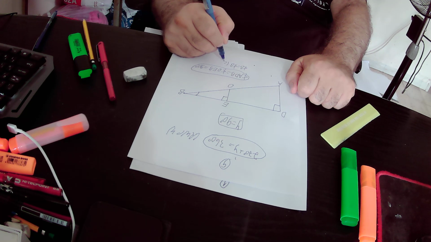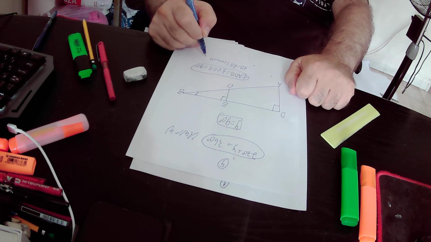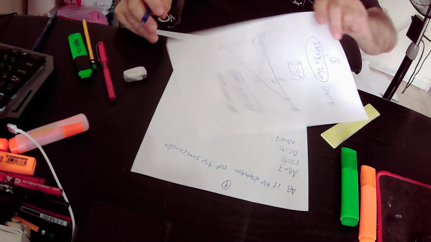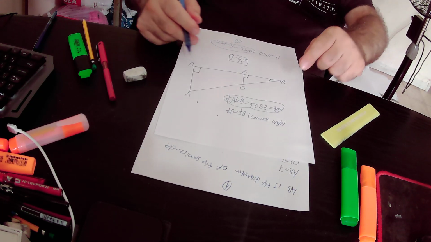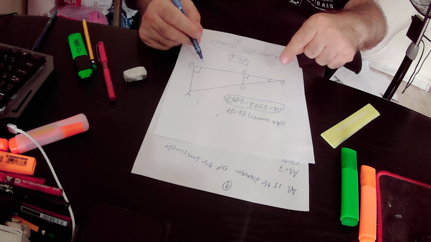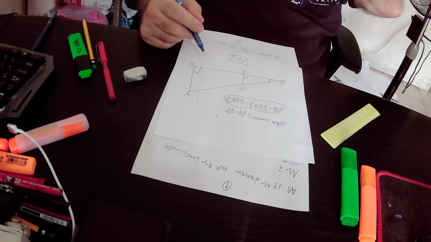It belongs to both triangles. Okay, so angle B equals angle B.